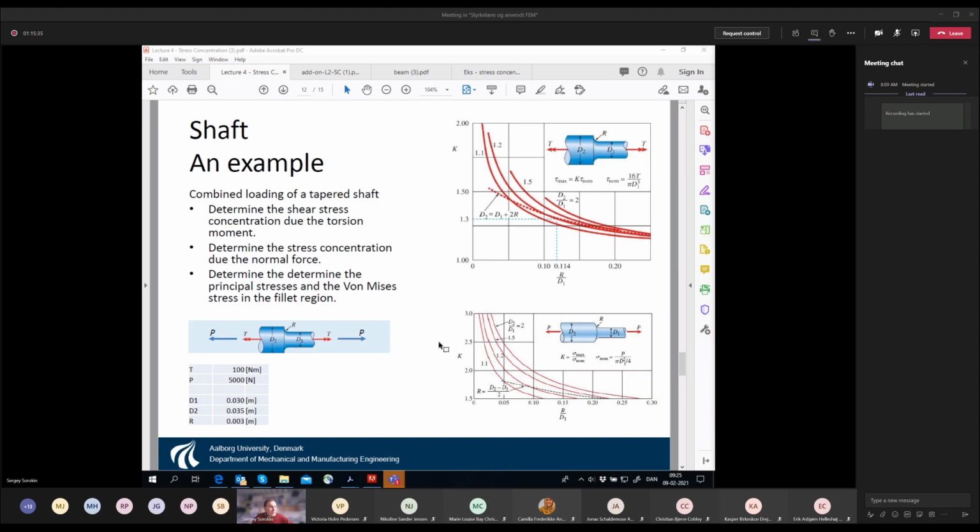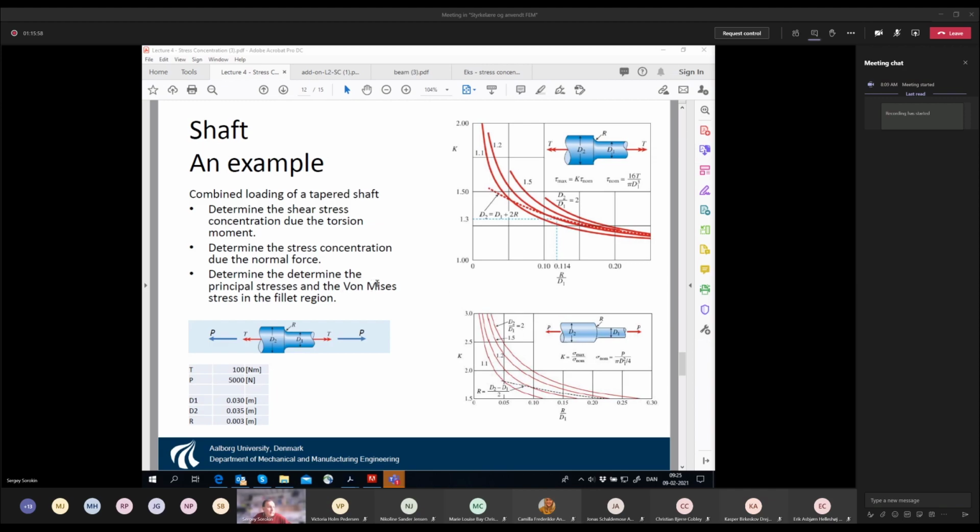This von Mises stress is something like sigma squared plus 3 times tau max squared. But again, this is not quite important for us, except that if we have combined loading, we have to assess the strength using this von Mises criterion.